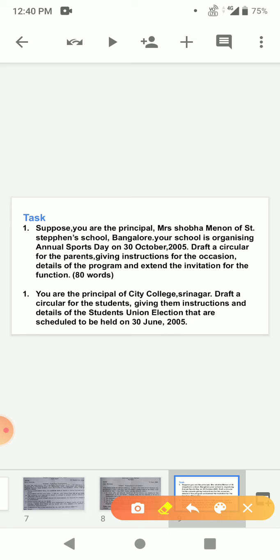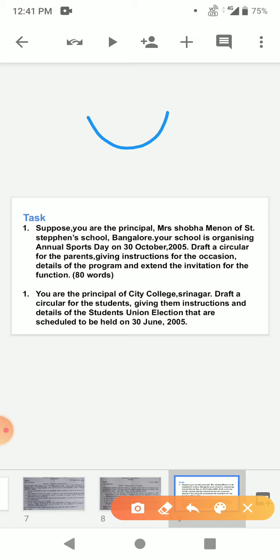Giving instruction for the occasion, details of the program, and extend the invitation for the function. So you are going to invite parents of the students for an annual sports day. So what will you do?